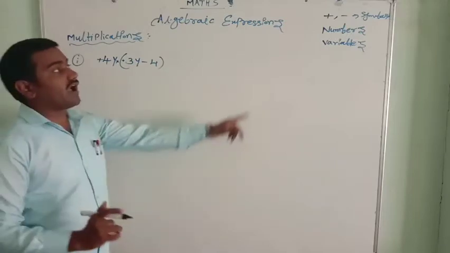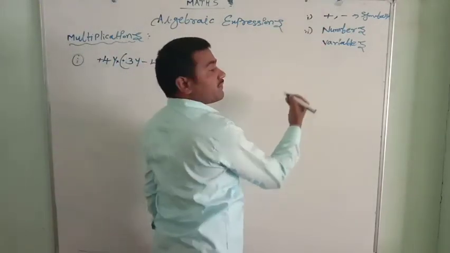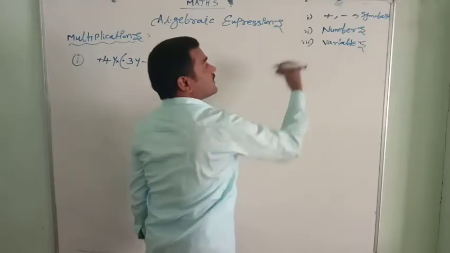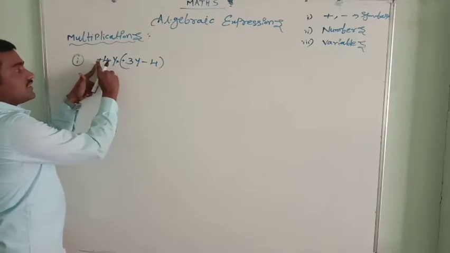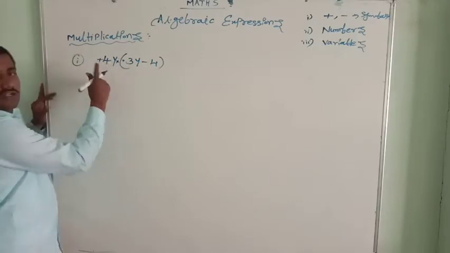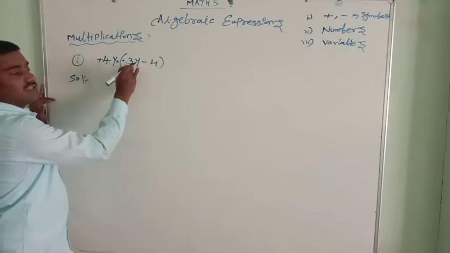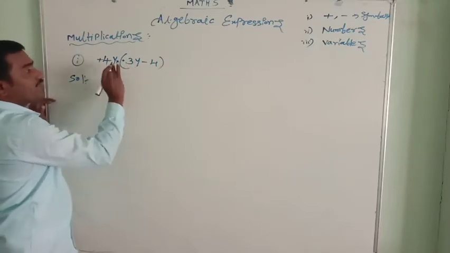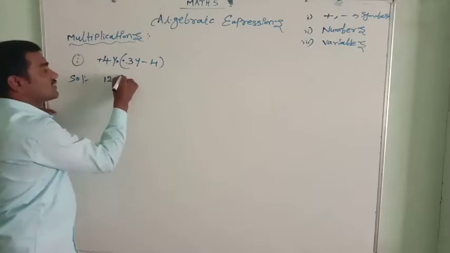First symbols, plus into plus is plus. You have to write that. Then numbers, 3 fours are 12. Variable y into y: y to the power of 2, y square.